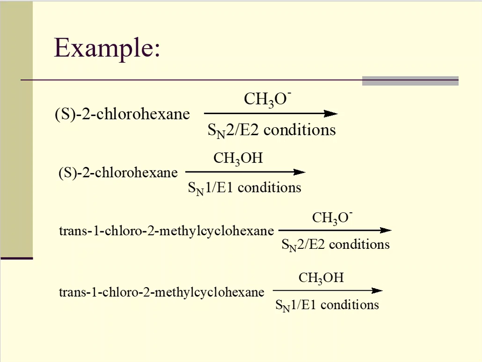And then notice the last 2 examples. Same reagent, trans 1-chloro-2-methylcyclohexane. In one version, they're giving you SN2-E2 conditions, and in the other version, they're giving you SN1 and E1 conditions. All right, so take a stab at them. See how far you can get with them. And then hit play on the next video in order to double check your answers and to see where you messed up.